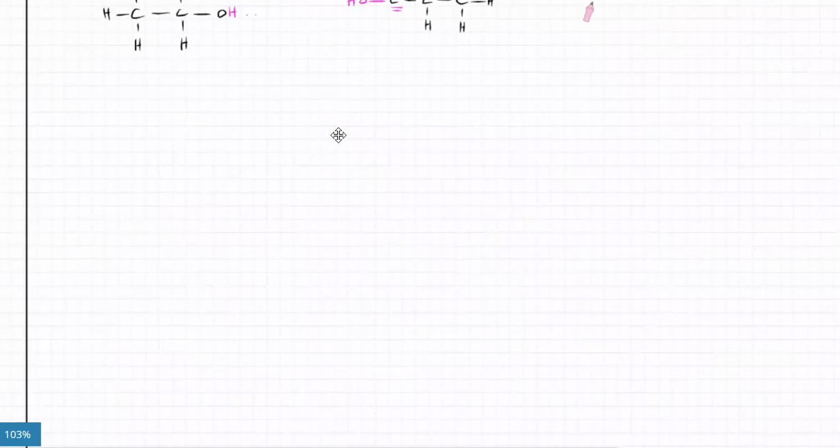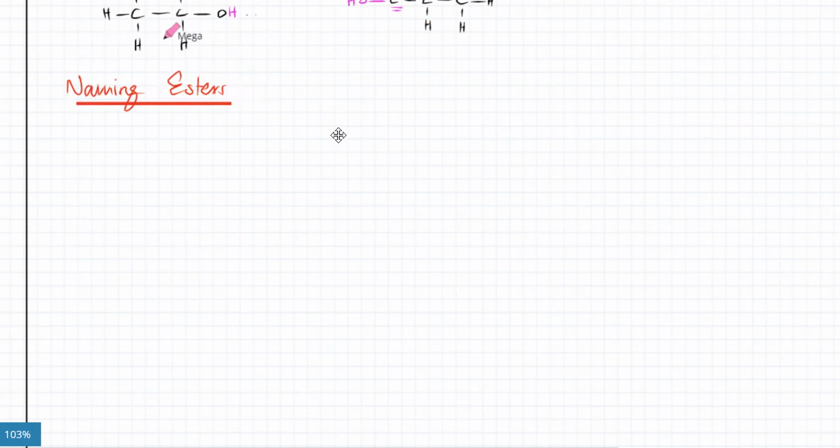तो अब ये कि esters को name किस तरह करना है? तो naming esters में है कि esters are named in two parts.